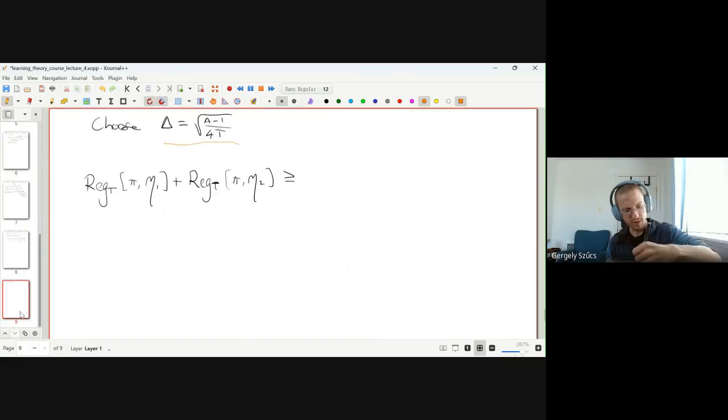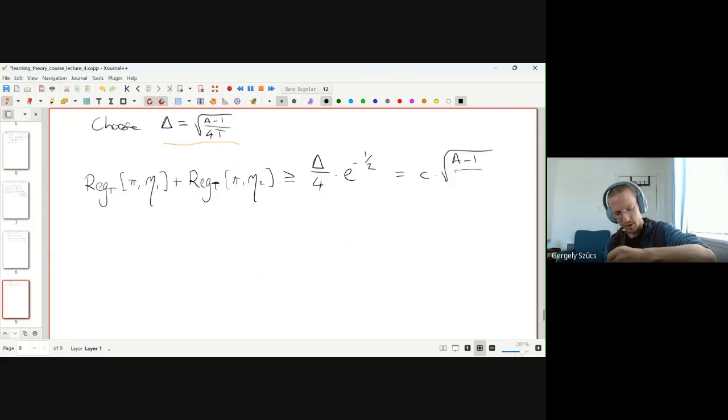So that should give us delta over 4 times e to the minus 1/2, which, with this choice of delta, is equal to some little c times the square root of A minus 1 over t, which is what I promised in the beginning. Or, well, 1 over 8 times square root of e.